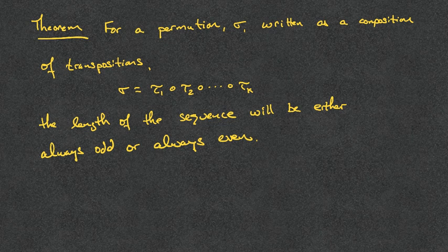So that gives rise to a theorem: for any permutation sigma, if we write that permutation as a composition of transpositions, say tau sub 1, tau sub 2, up to tau sub k, then the length of those sequences will always be either odd or always be even. And so that gives rise to this notion of calling a permutation either odd or even.